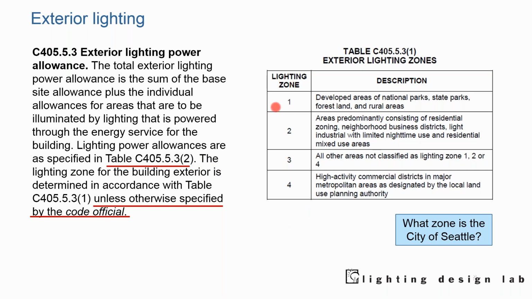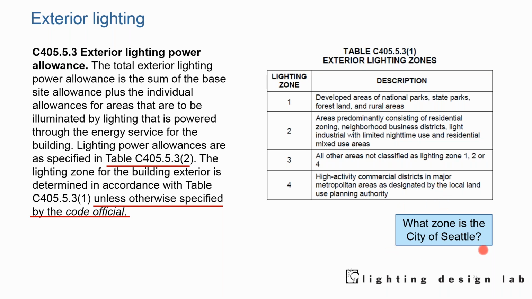So we have different lighting zones: developed areas, national parks, state parks, rural areas, areas predominantly consisting of residential zoning, neighborhood businesses, light industrial with limited nighttime use. All other areas not classified in 1, 2, 3, or 4. And then 4 would be high activity commercial districts in major metropolitan areas.